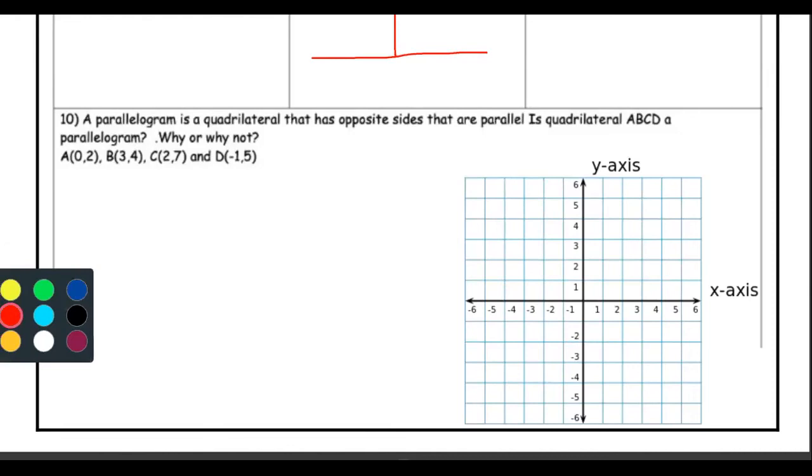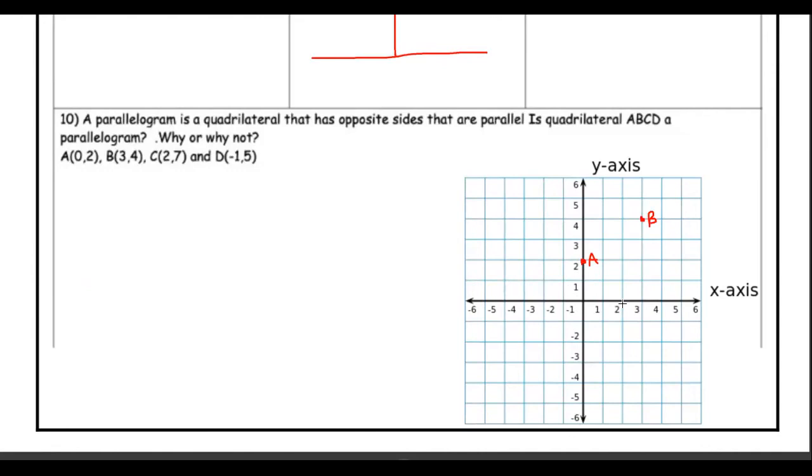We need to plot the 4 points. So A is 0, 2. Label that as A. Next, we have B, which is 3, 4. So over to 3, then up to 4. Now we have C, which is 2, 7.